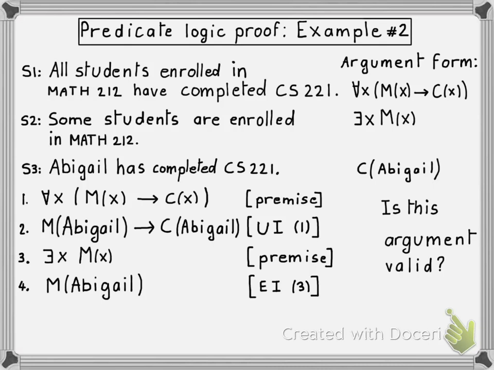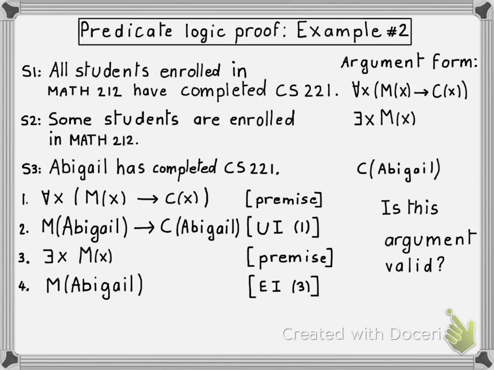Notice what we did is we instantiated this proposition and we replaced x by the constant, the individual in the universe called Abigail. But that is a mistake if you, as I asked you to do, review the definition of this rule. It tells you explicitly that when you pick a specific element of the universe, you are not allowed to pick a name that has already appeared in the proof.